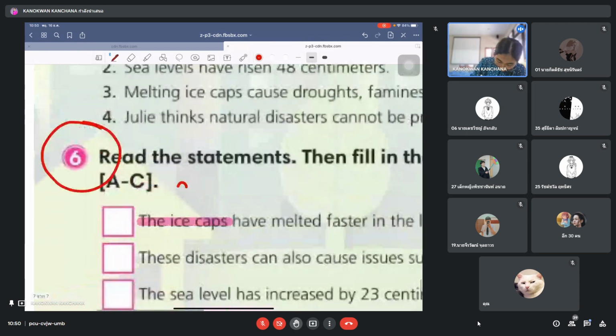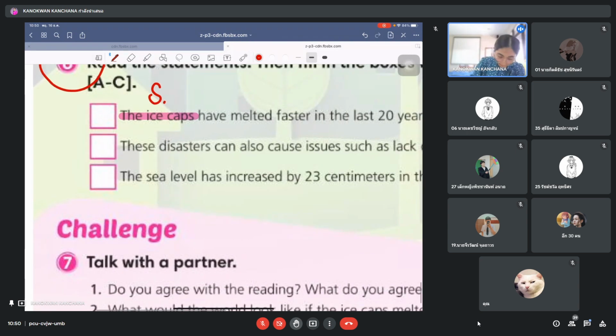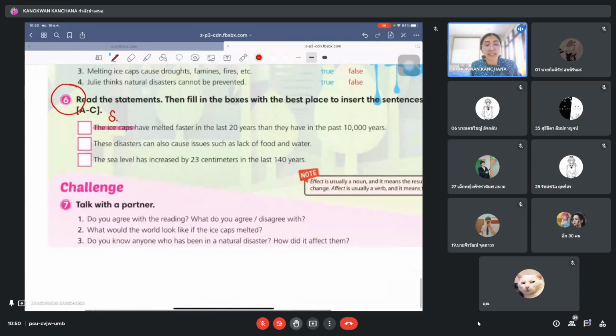The ice cap is the subject of the sentence. The ice caps have melted faster in the last 20 years than they have in the past 10,000 years.